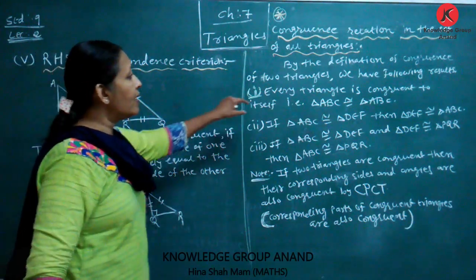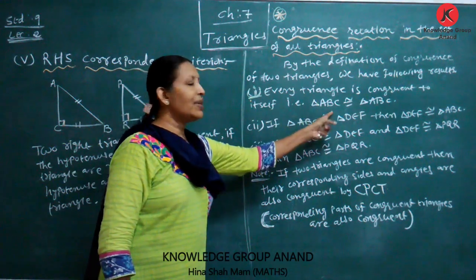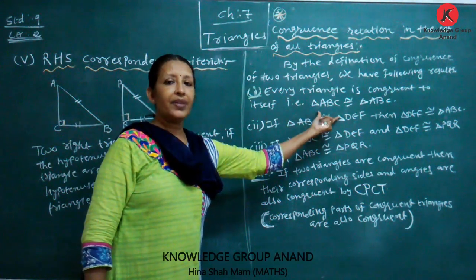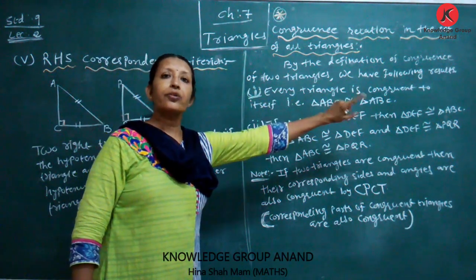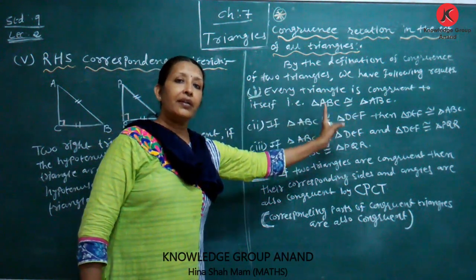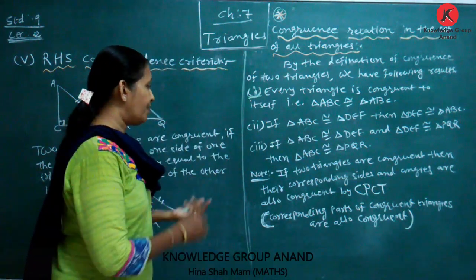That is, triangle ABC is congruent to triangle ABC.